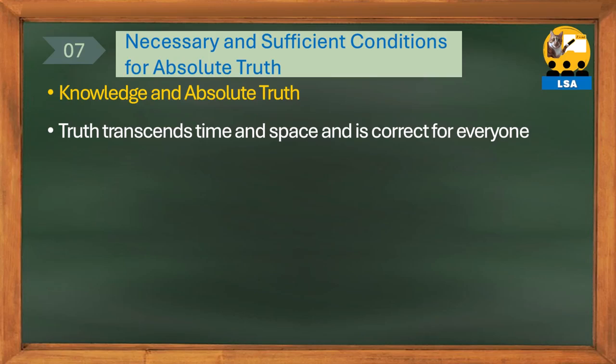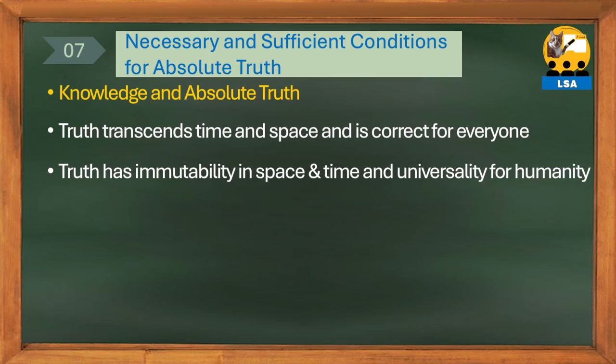According to this definition, today's knowledge can become a truth if it remains knowledge unchanged in the distant future, and if what is correct for Koreans is also correct for people of other countries. The former expresses the immutability of truth regarding time and space, and the latter expresses the universality of truth for humans.